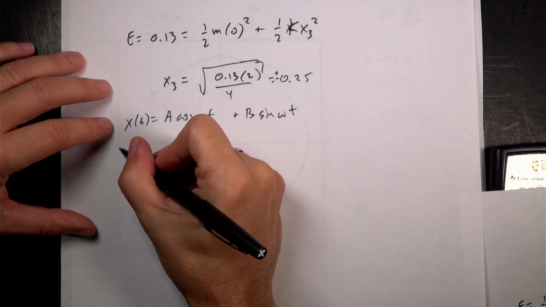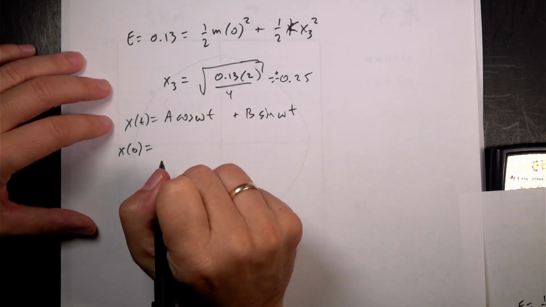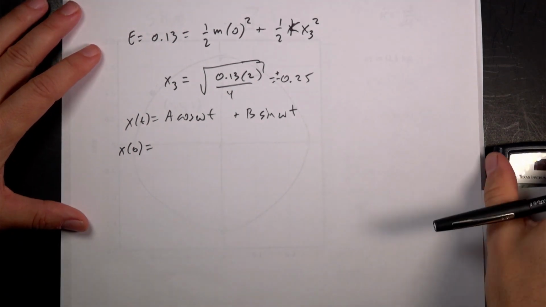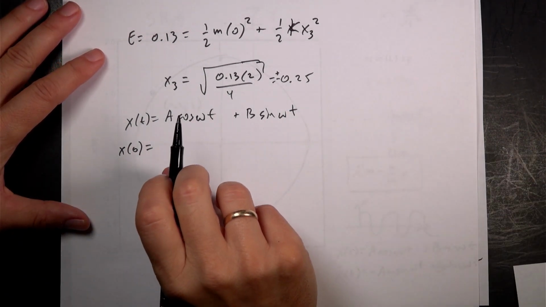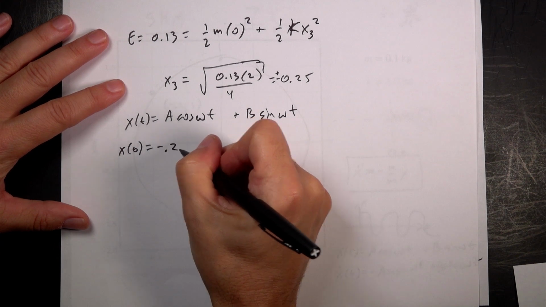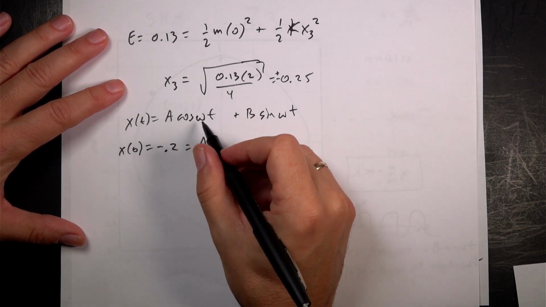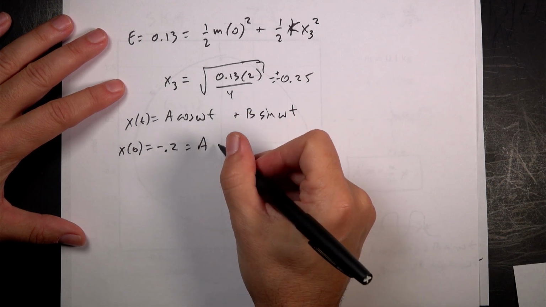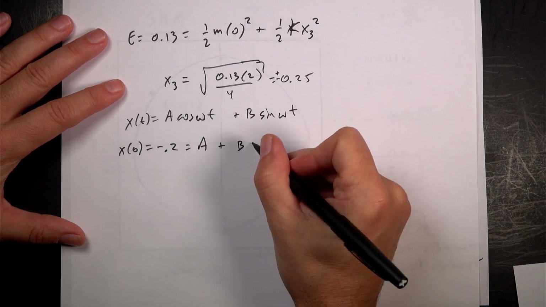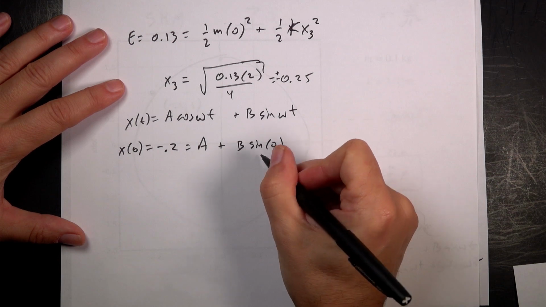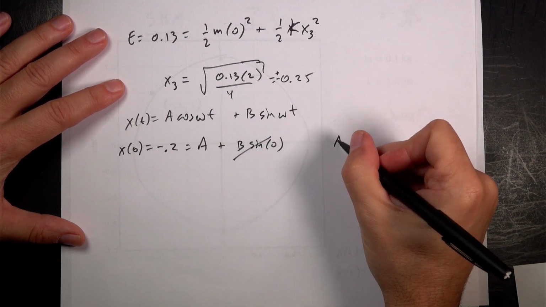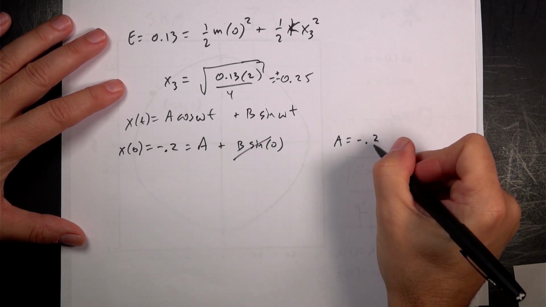If I set the position at time t equals 0, which I said was negative 0.2, that's equal to a times the cosine of 0, which is 1, plus b times the sine of 0, which is 0. So that means that a is equal to negative 0.2.